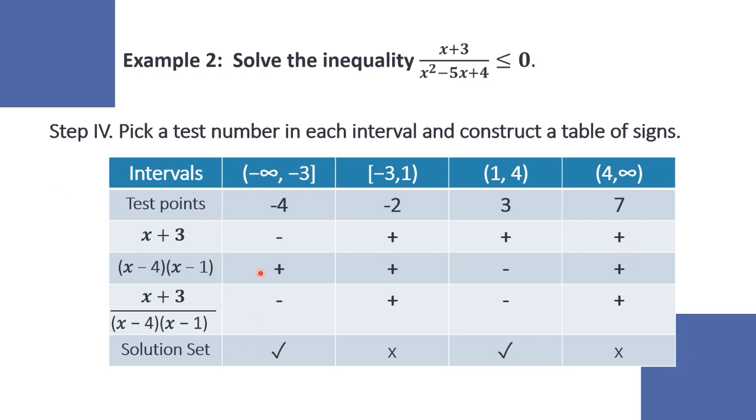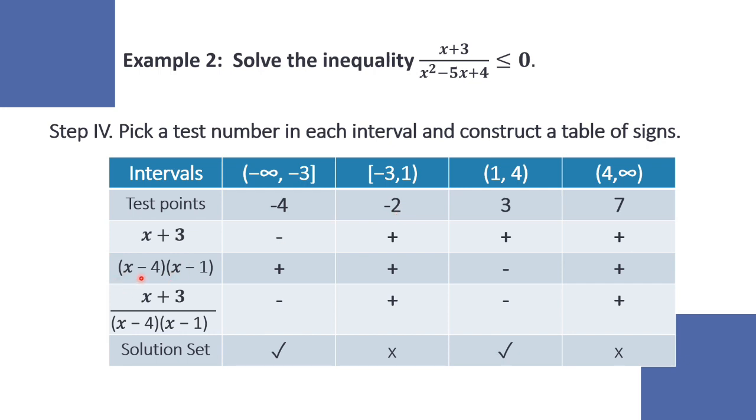For the denominator, the test point is negative 4. Negative 4 minus 4 is negative 8. Then negative 4 minus 1 is negative 5. So negative 8 times negative 5 is positive 40. Here is positive. Next test point, negative 2.